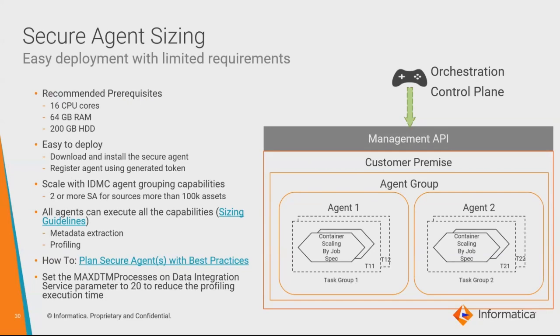Assets include the sum of databases, schemas, tables, files, columns, reports, mappings, and so on in the deployment environment. The performance of the metadata extraction tasks in the Metadata Command Center depends on the number of assets that are getting processed. Since the agents will be extracting the metadata as well as performing the profile execution, they need to be sized correctly.